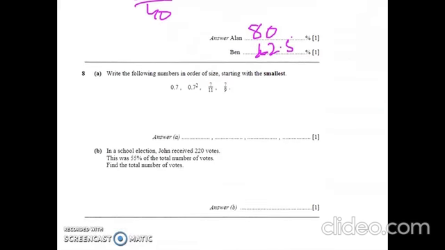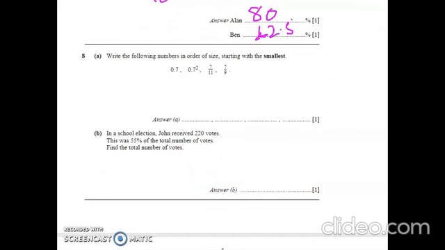Okay, let's do this question. Write the following numbers in order of size, starting with the smallest. It's better to change all the values into decimals. So 0.7 would remain as it is. Then comes 0.7 squared. When you square it, 7 squared will be 49, so it will be 0.49. 7 upon 11 we have to divide and check.